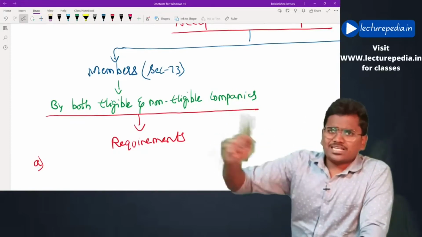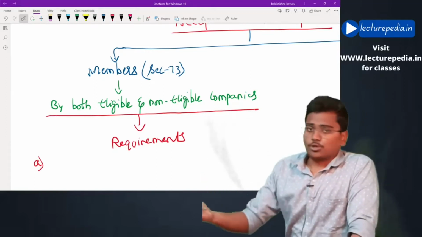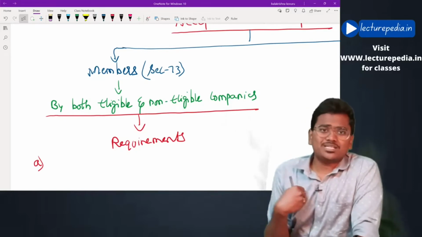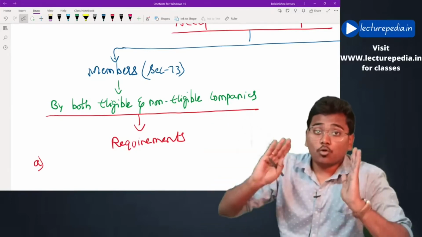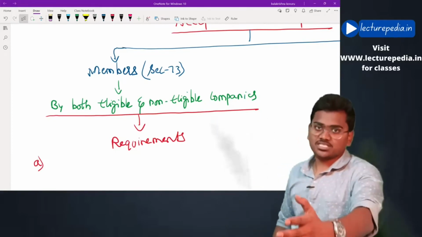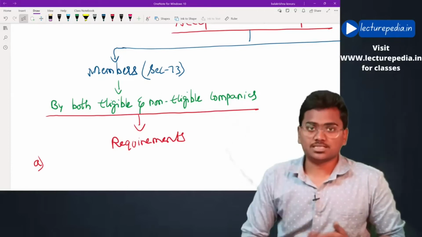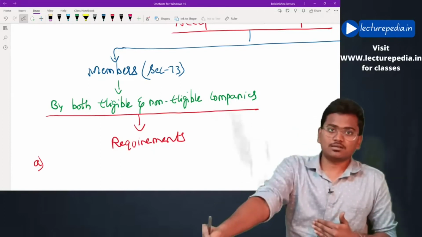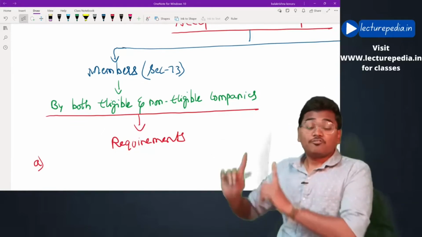You are not an eligible company, so you are not permitted to raise deposits from public, thereby you have decided to raise deposits from members. Now what is the procedure that has to be followed in order to raise deposits from members?